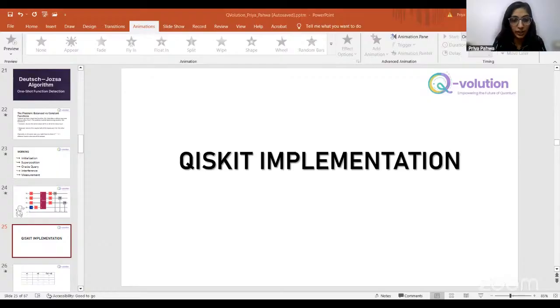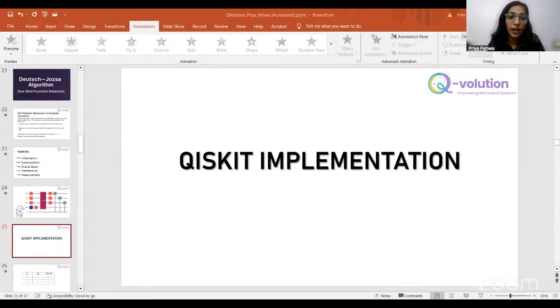So this is the initialization part, this is the superposition part, and then we have given a condition: if balanced condition is true, then we'll apply a CNOT gate. Okay, so this is where this phase kickback operation comes into the picture. From here it is passing to here, (-1) to the power f(x) is coming into the picture over here. When you do the mathematics analytically by hand, you will get what is happening over here. If you want, I can share the material with you on the spot. That's not a problem, but I have not included that over here.